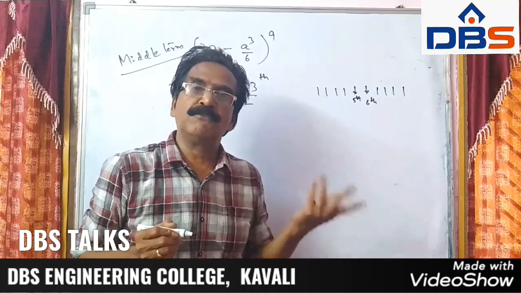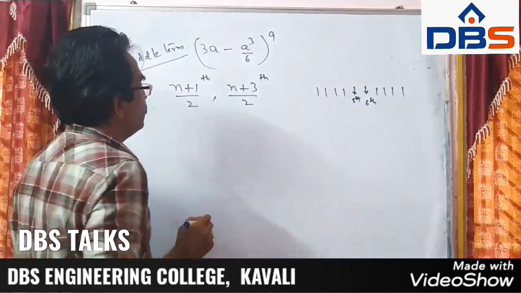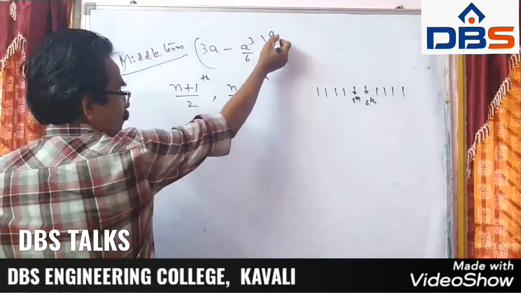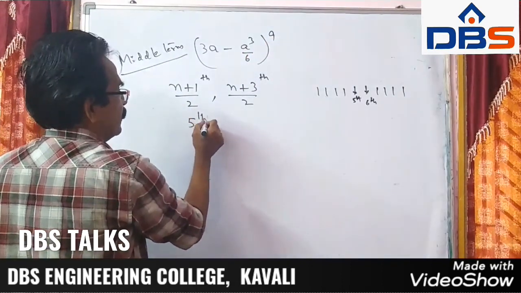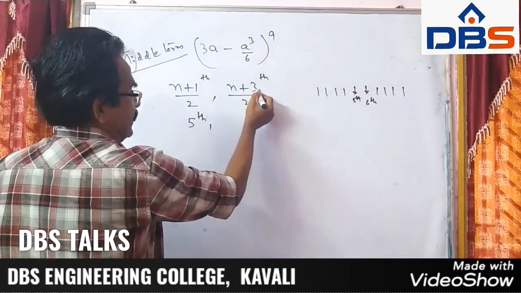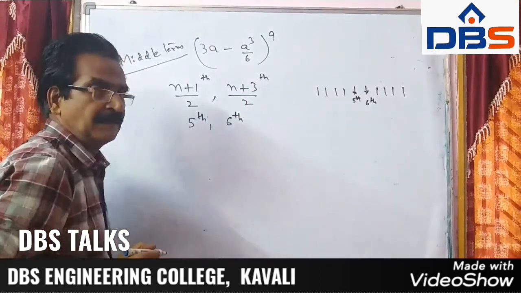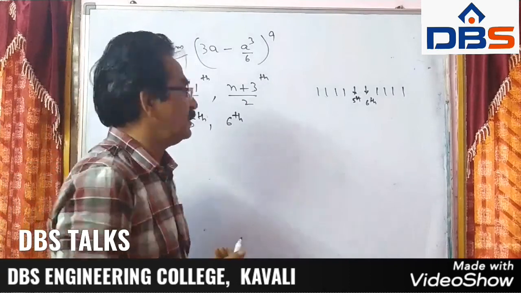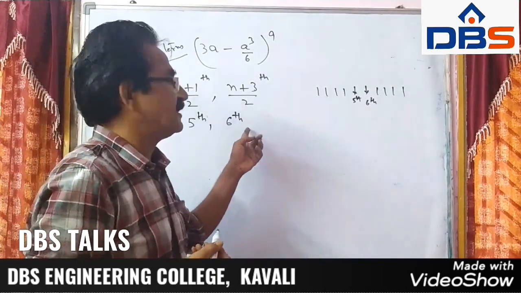If required, we have to find the values of both terms. (9 plus 1) by 2 is the fifth term, and (9 plus 3) by 2, 12 by 2, is the sixth term. The fifth term and sixth term are the middle two terms, and you know how to find their values.